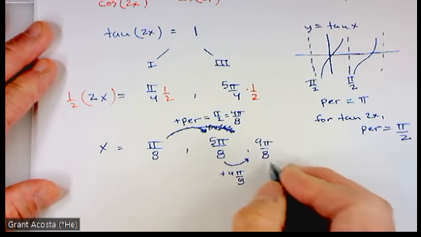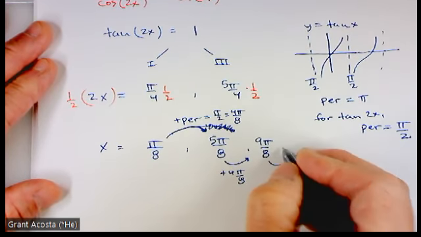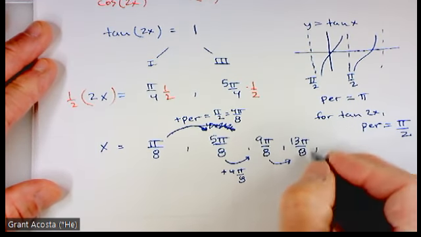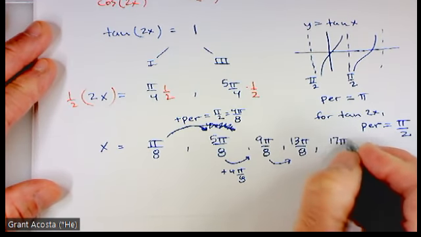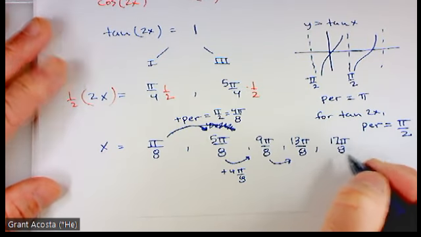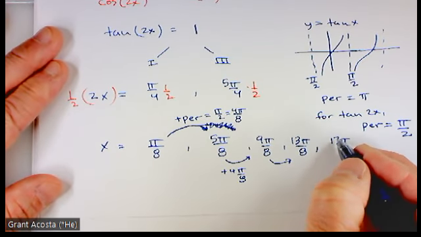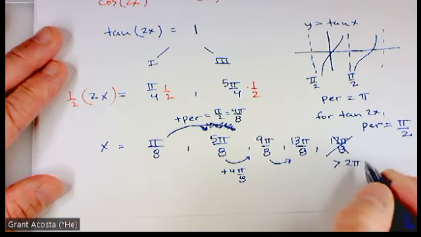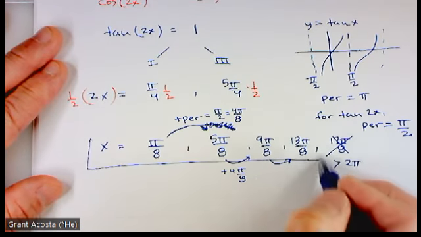If I add it again, I get 13 pi over 8. And if I added it one more time, I would end up with 17 pi over 8. In eighths, 2 pi is 16 pi over 8, so I can tell that I've gone too far. That's greater than 2 pi. So these would be my 4 answers.